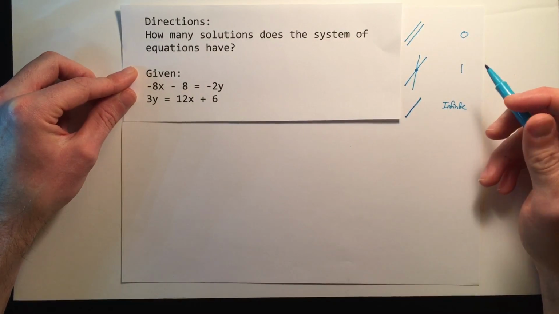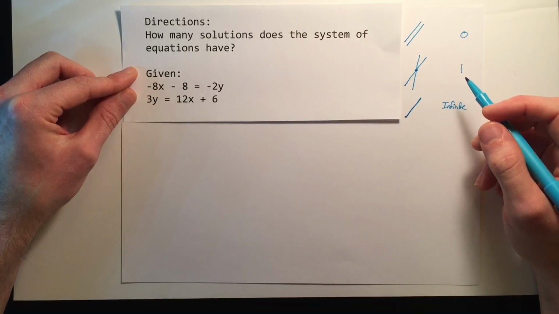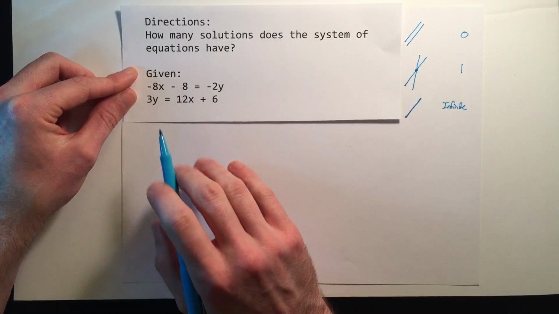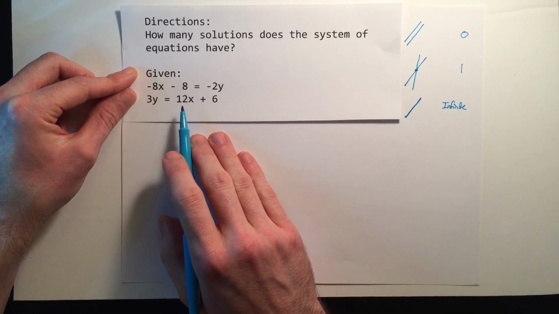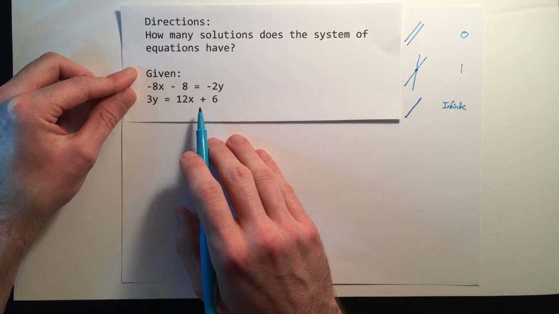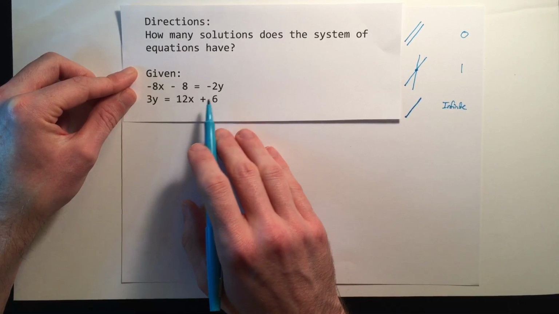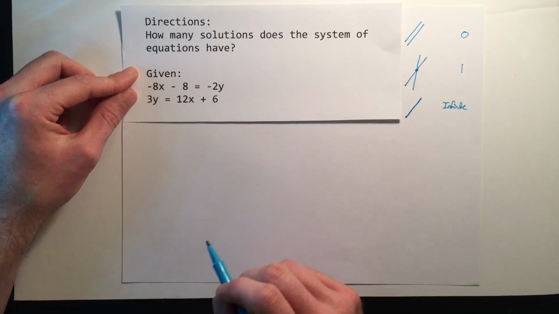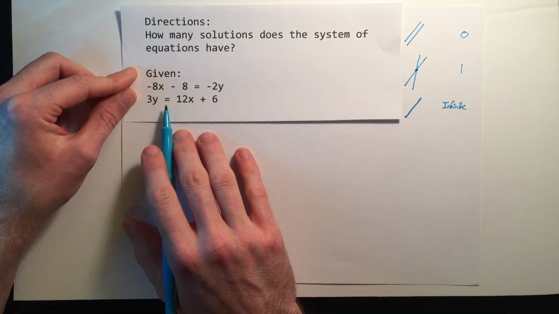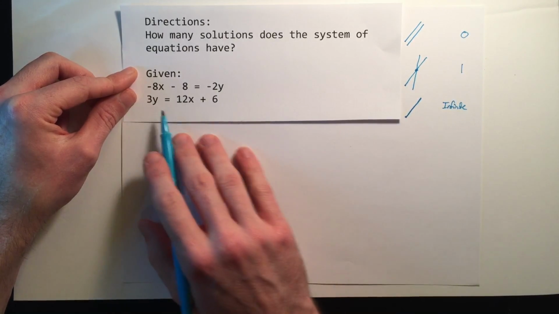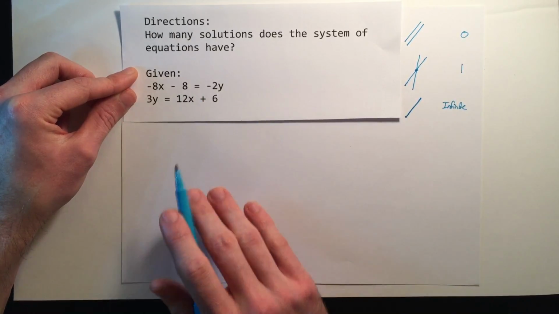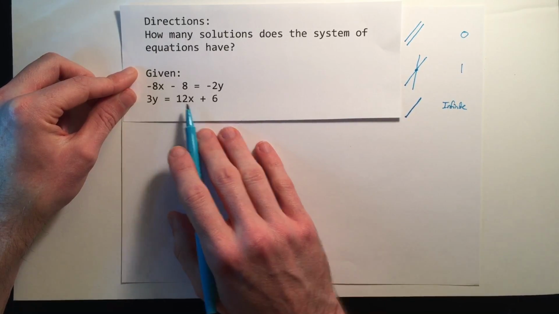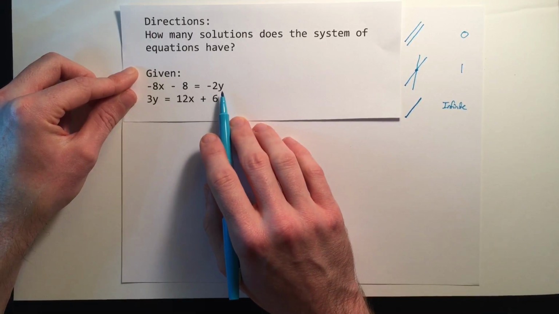Another method is called combination. And combination works best if, when you have the two equations lined up so their equal signs are lined up, the other expressions in the equation line up with each other so that the y's in the first equation are over top the y's in the second equation. So if we could envision scooting this bottom equation to the right so that the equal sign was underneath this equal sign, that would push this 12x plus 6 to the right, and those would be underneath this negative 2y.